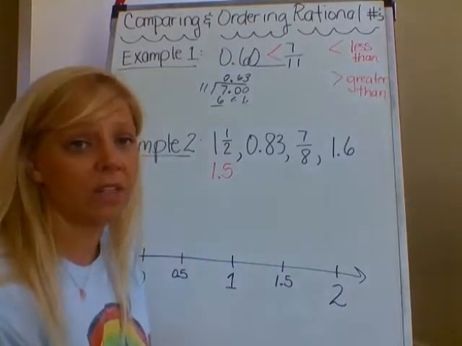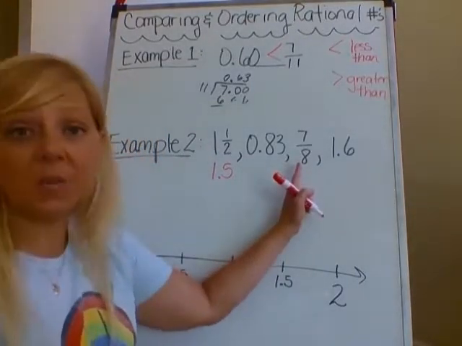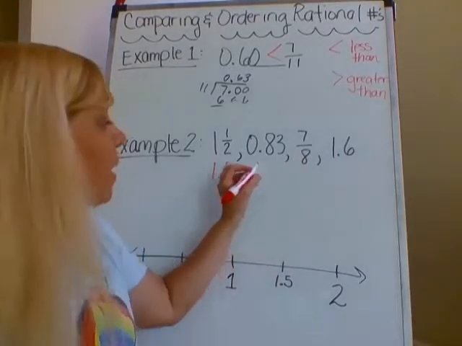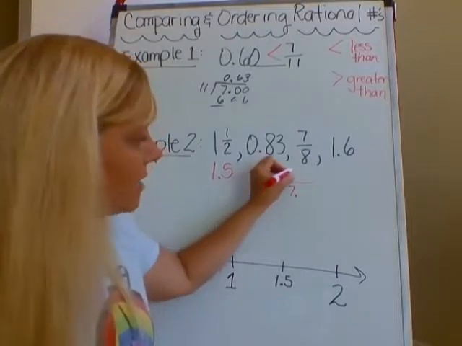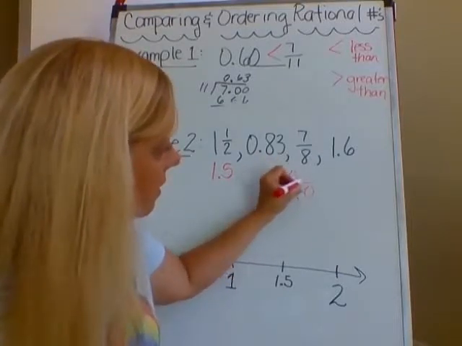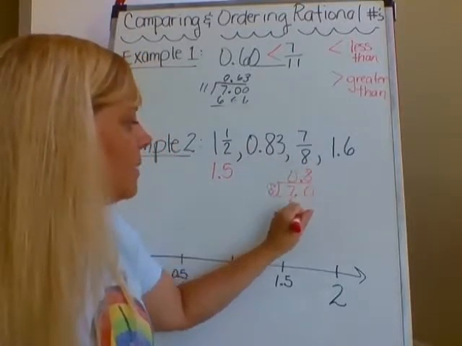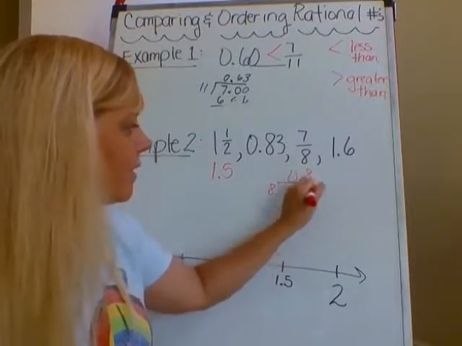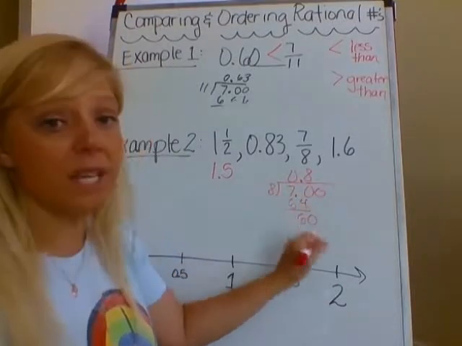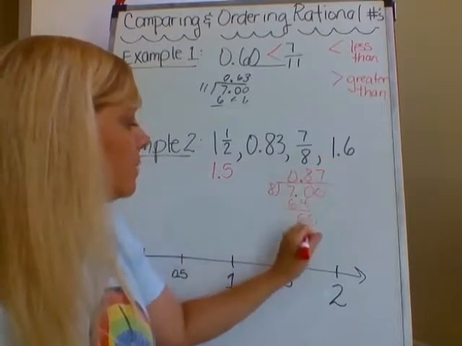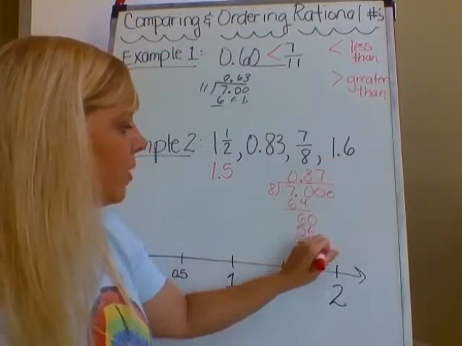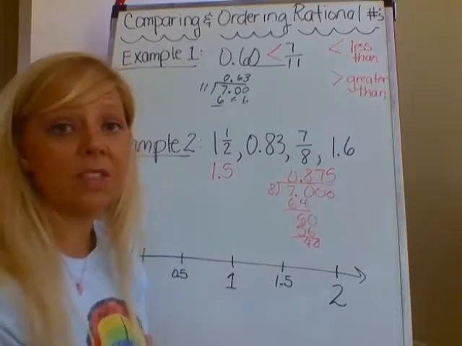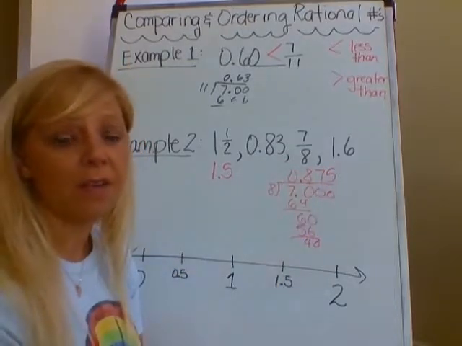Okay, so I don't need to do any long division for that. 7/8 we did in a previous example, but I will do that one very quickly for you. So 8 does not go into 7. It goes into 78 times. It goes into 67 times. And then it goes into 45 times, and then I'm done. So this is going to be 875 thousandths.